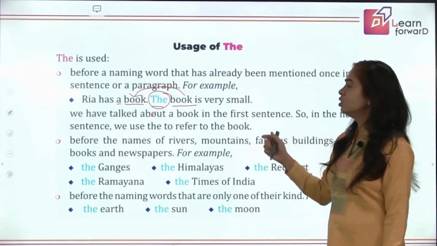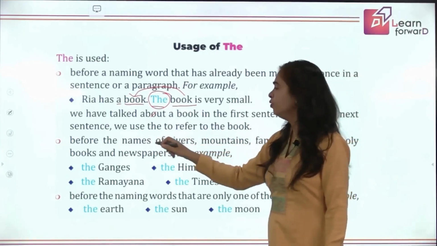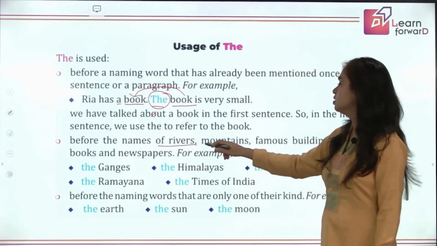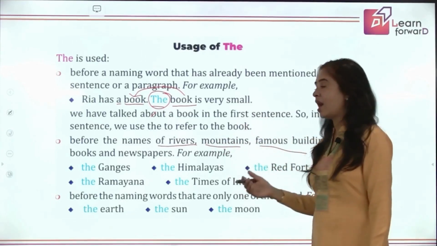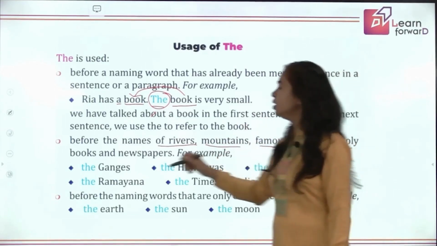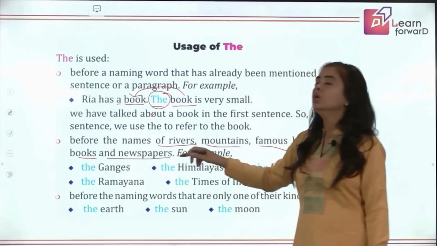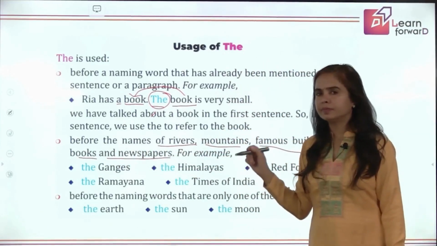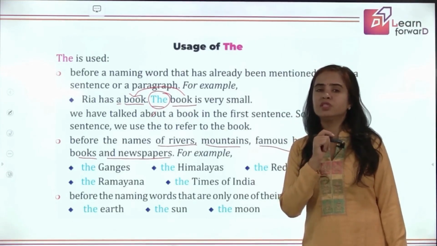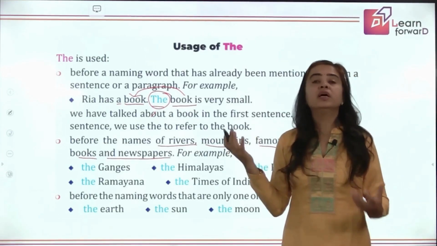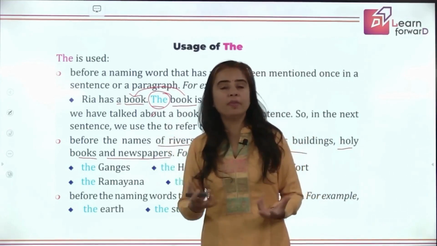The next use is before the names of rivers, mountains, famous buildings like we have read about the Taj Mahal, and holy books, and also the newspapers. If you would have heard about the names of newspapers, we say like this: the Times of India, the Hindustan Times, the Economic Times, isn't it?